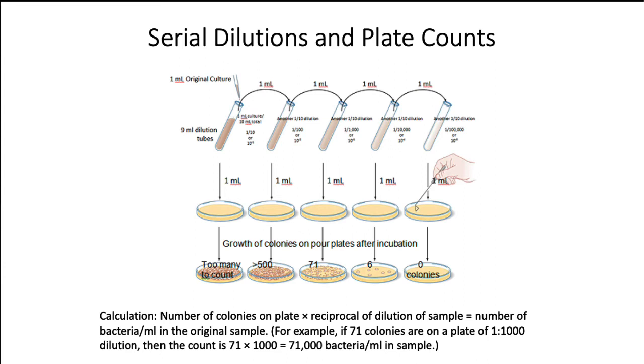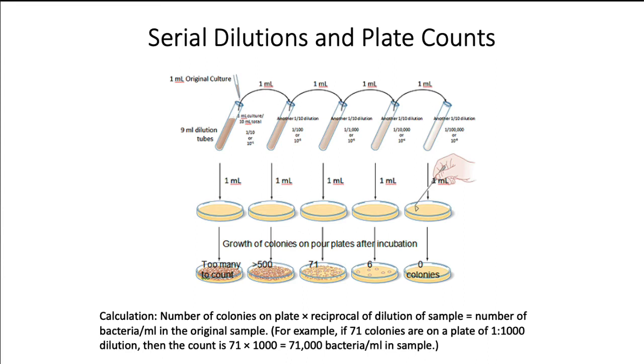Let's say that you added 100 microliters, so that would be 0.1 milliliters to the plate, then you are doing an additional 1 in 10 dilution. So depending on the volume you add, you may need to factor some more dilution factors along the way.